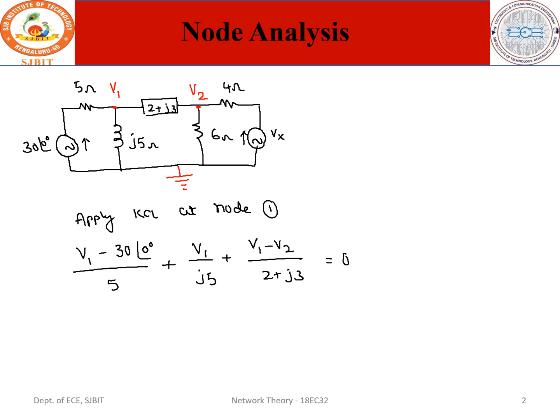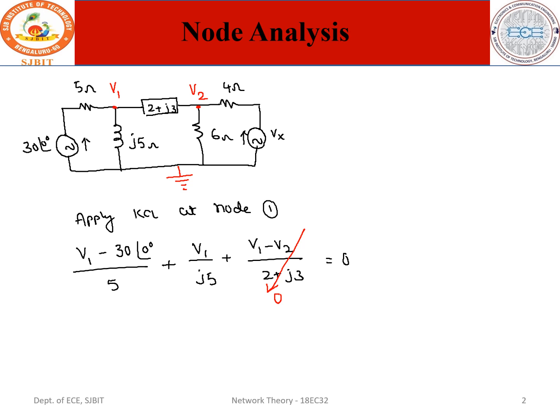But in this question, it is said the current flowing through the 2 plus J3 ohm impedance is 0. That means this term is 0. It is given data, therefore this term will be 0.